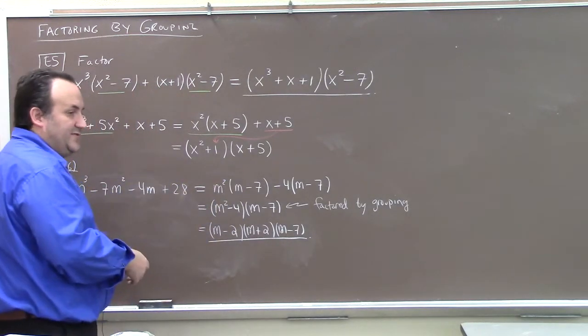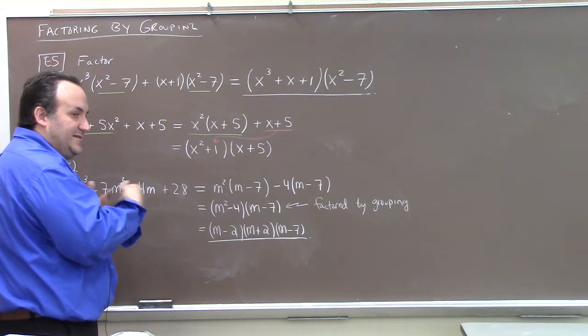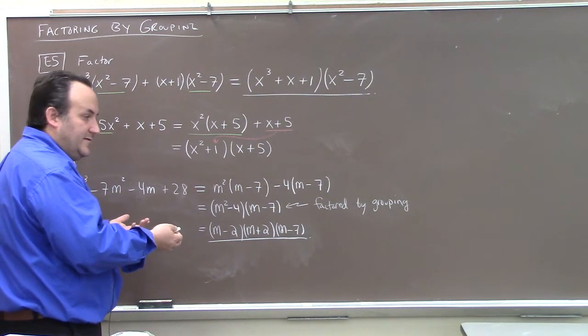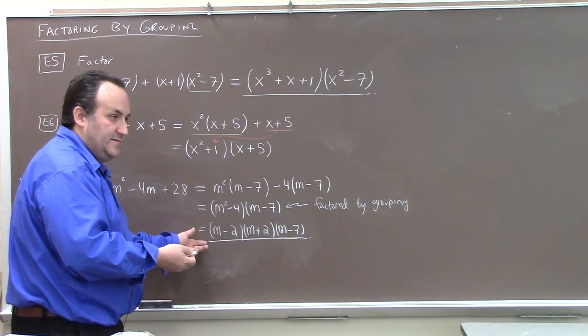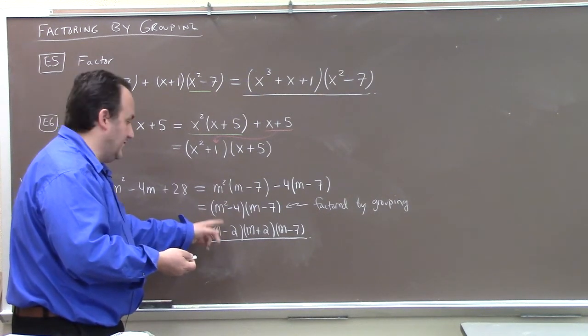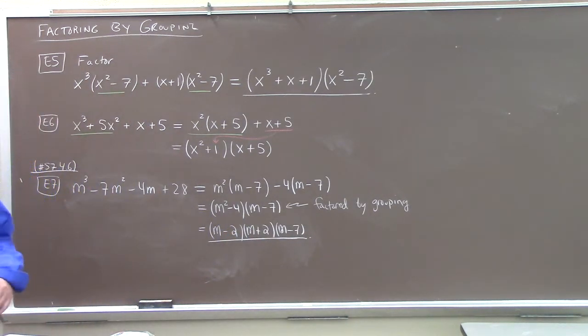If the instructions are factor the polynomial completely over R, then this isn't the answer, that's the answer, because you can break down m squared minus 4 into the product of this and that. So if in doubt, ask me on the test. I'll tell you if you're done or not.